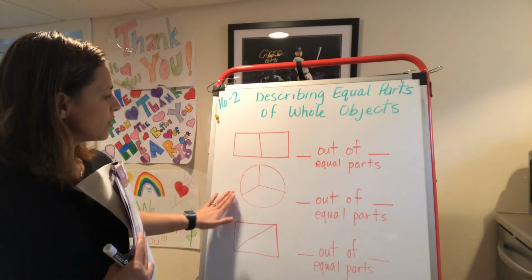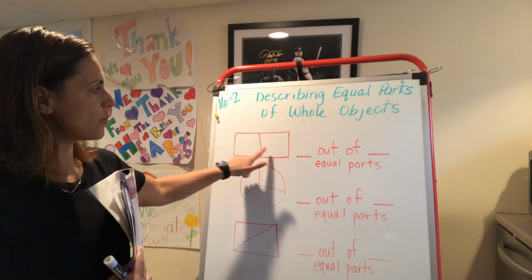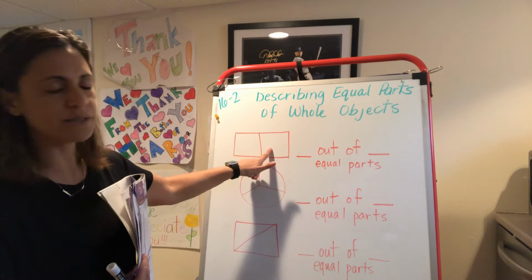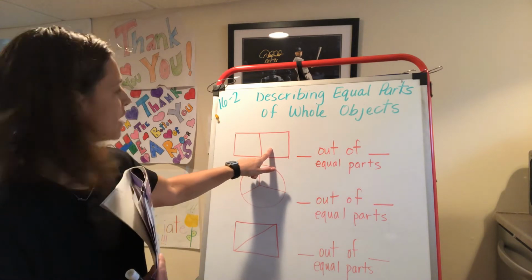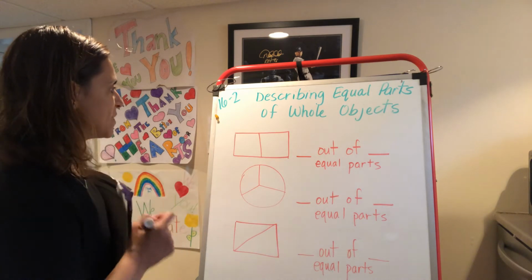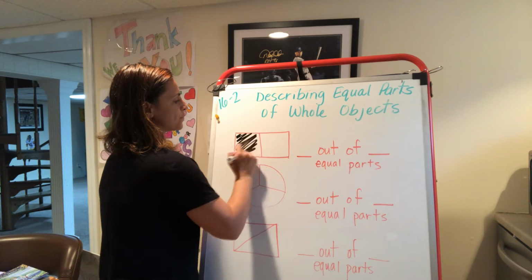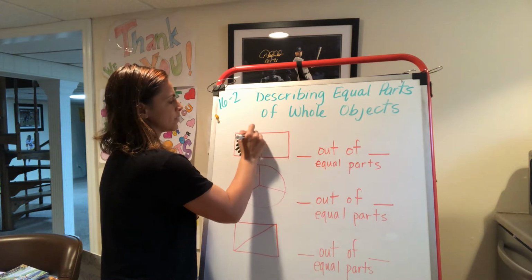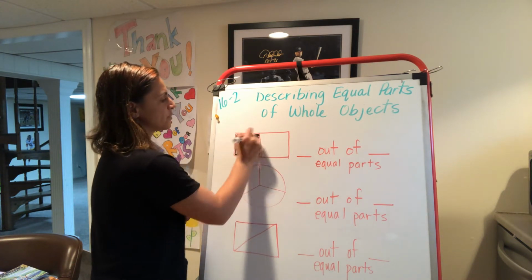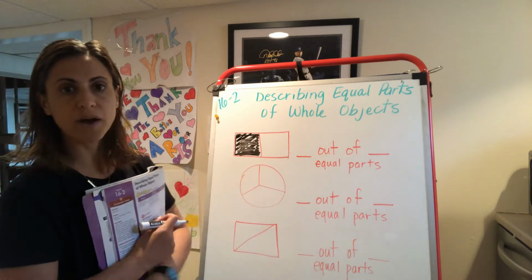So here are my 3 shapes that I'm looking at. I see my first shape is divided into 2 equal parts. One side is pretty similar. I drew it, so it's as close as it's going to get. Both sides are equal. Now if Mrs. Srigliano shaded one side of it, I want you to tell me how many parts are shaded out of the 2 equal parts.